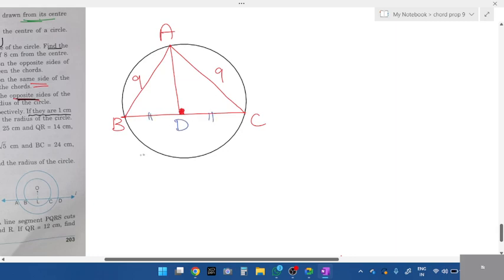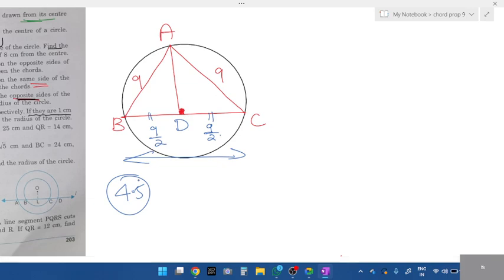This will bisect. If the entire value is 9 centimeter, what will be half of it? 9 by 2 and 9 by 2, right? You can take 9 by 2 as 4.5, students. Decimal calculation is tough, so keep it as 9 by 2. First thing. Next.